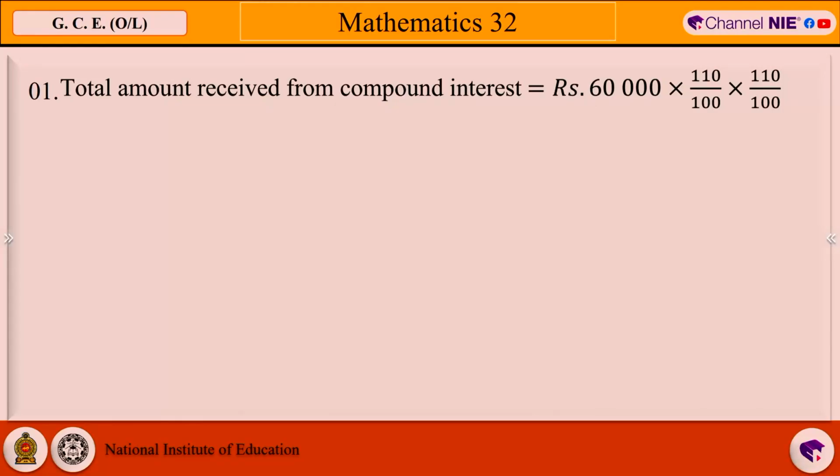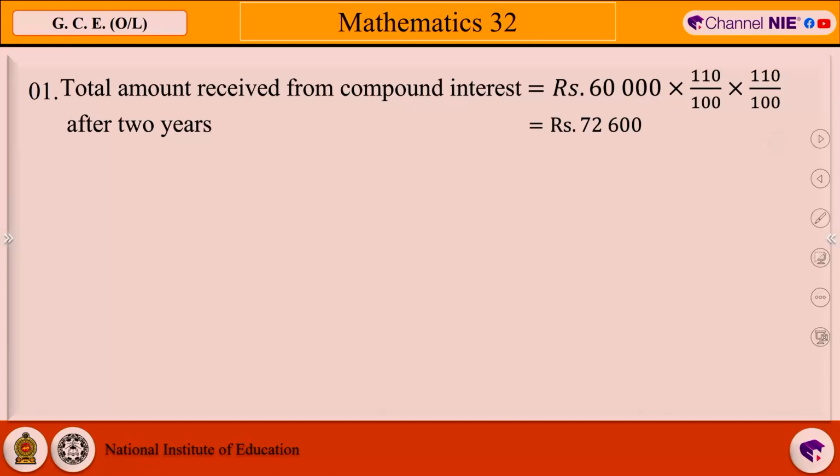This gives the amount at the end of the first year, and from this you can calculate it for the second year. So, finally, you will get the amount as 72,600 as the amount at the end of 2 years under compound interest.